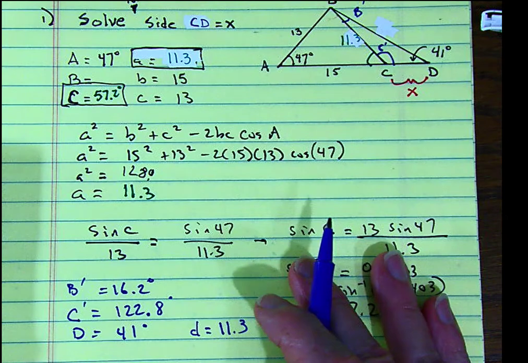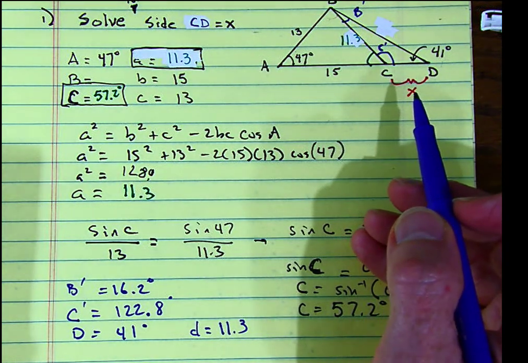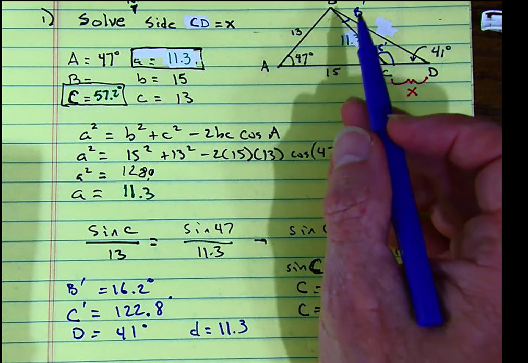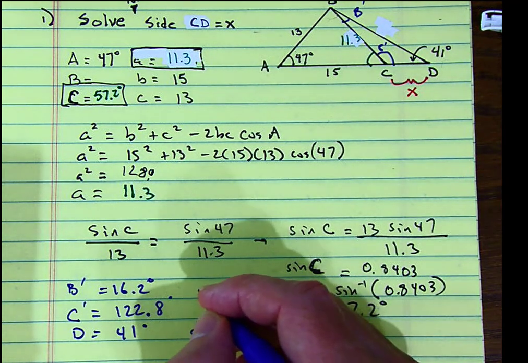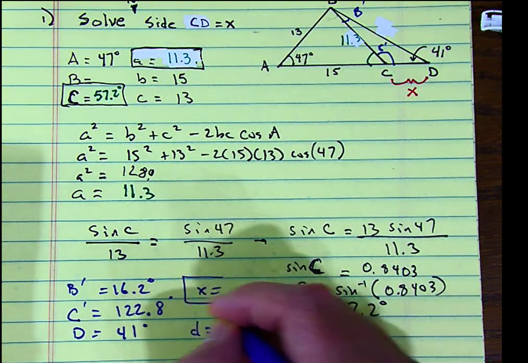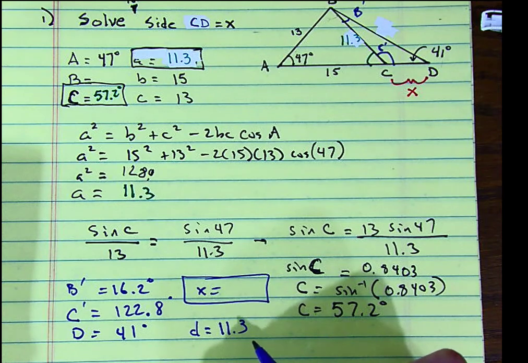Okay, so the last thing I need is side CD, which we're calling X. And if I get that number, I'll be done.